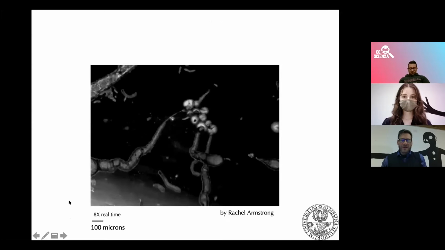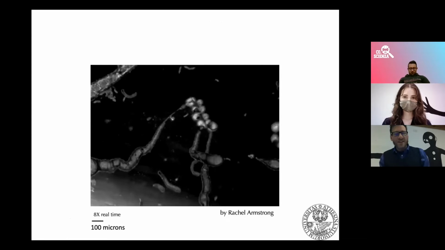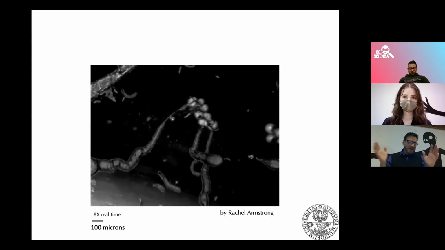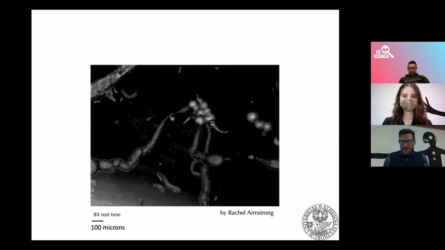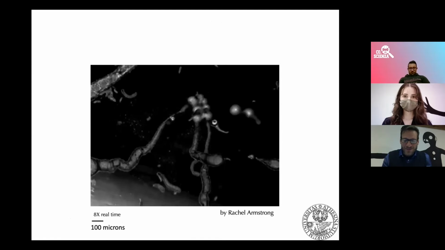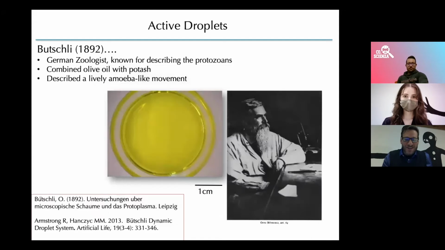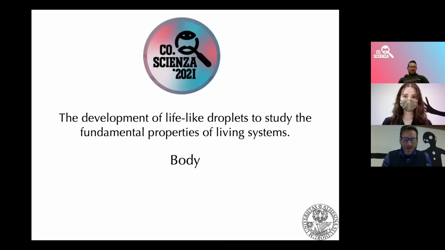Okay, so that's it. You take something like a droplet that doesn't do anything, you add some chemical potential, and then if the conditions are right, you start to animate the droplet, and then you can observe what they are actually doing. And so what we can see from just that small set of experiments are some of the lifelike fundamental properties that we could distill from those experiments.